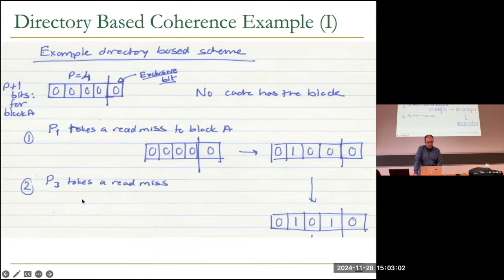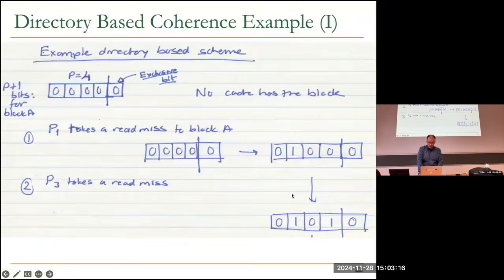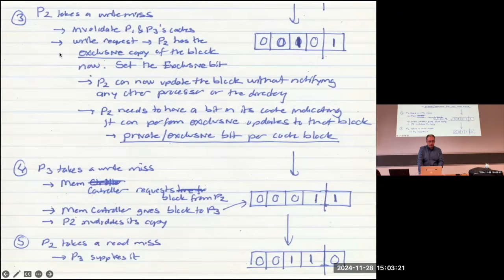Then at some point, P3 takes a read miss, and you also set the P3 corresponding bit to 1. At some point, P2 takes a write miss. Then you need to invalidate P1's and P3's caches, because you know that these two have the data. You send invalidation requests only to P1 and P3.